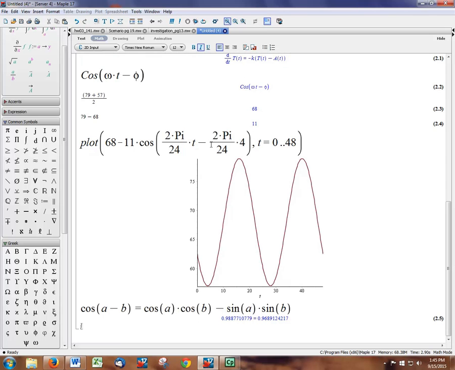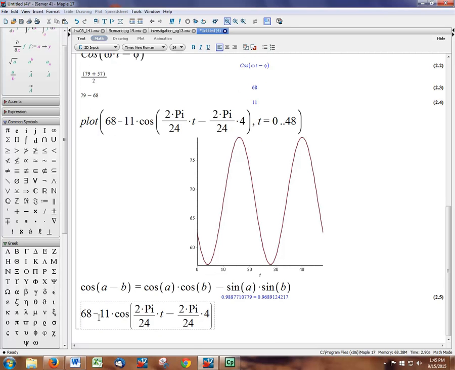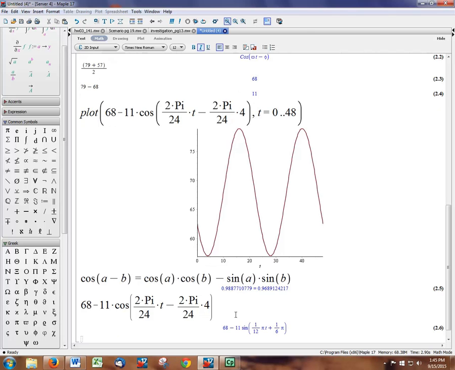So what are my A's and B's? If this is my function, let's make this my function, Control C. Let's bring it down here, Control V. That is my function of what we have to do. How do I get that?